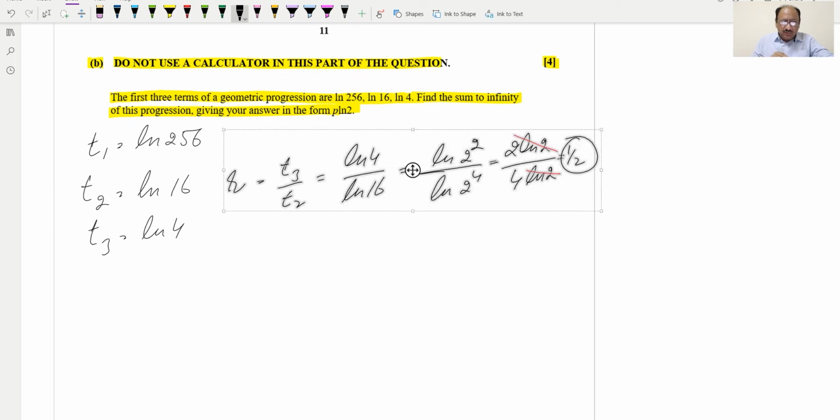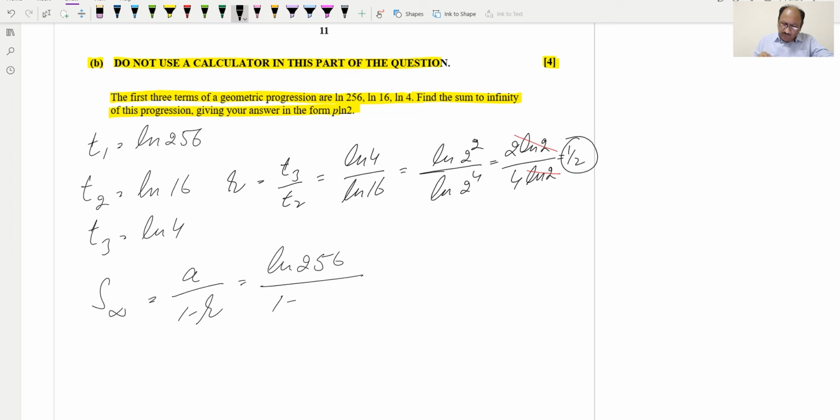Now we can apply the formula. S infinity is equal to a over 1 minus r, where the a value is log of 256, divided by 1 minus 1 by 2, and this will be equal to 2 log of 256.